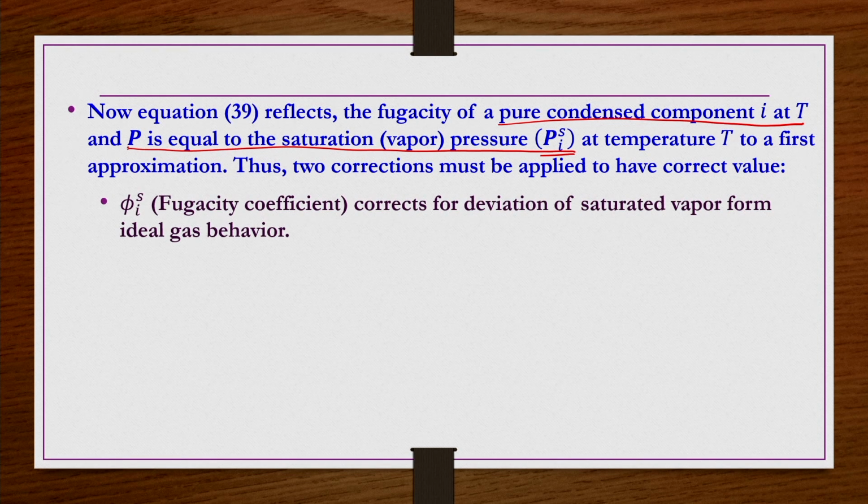The first correction is the fugacity coefficient phi_i^S, which gives the correction for the deviation of the saturated vapor from ideal behavior. Below Pi^S the system is in the vapor phase, and if that vapor phase has some non-ideality, that information one can get from phi_i^S.